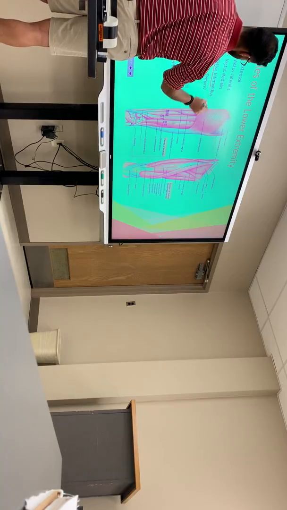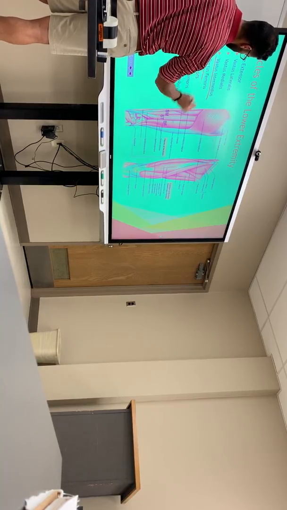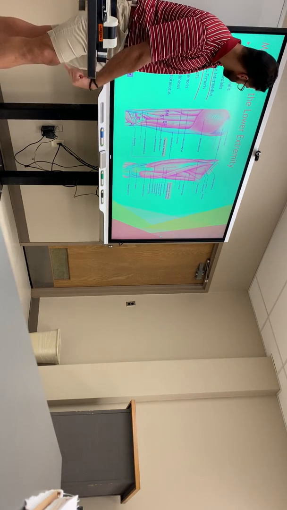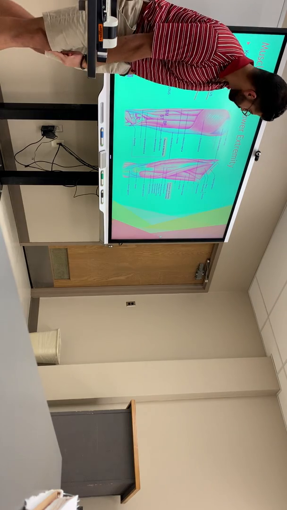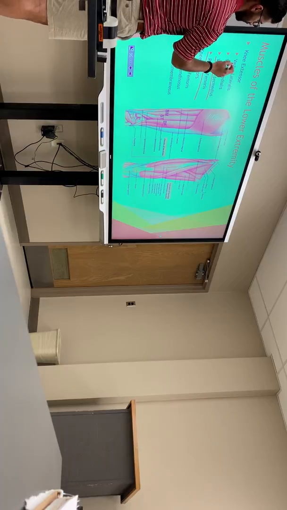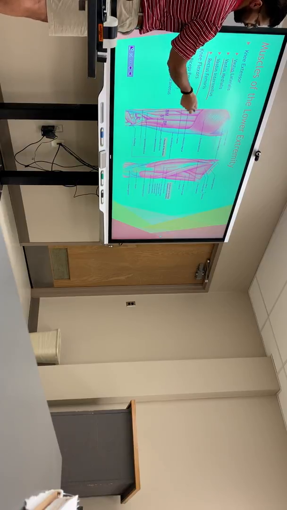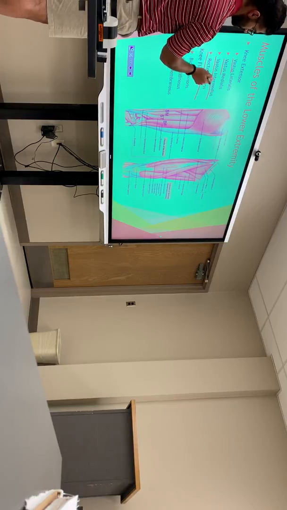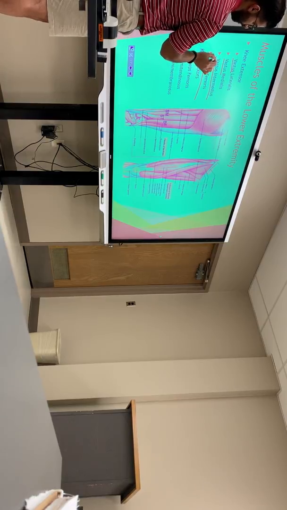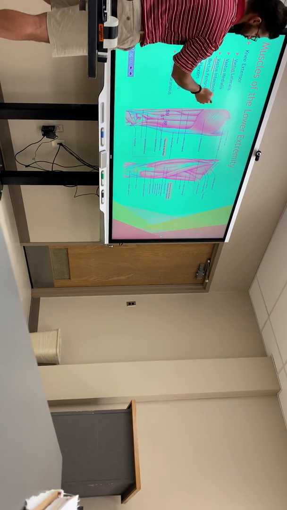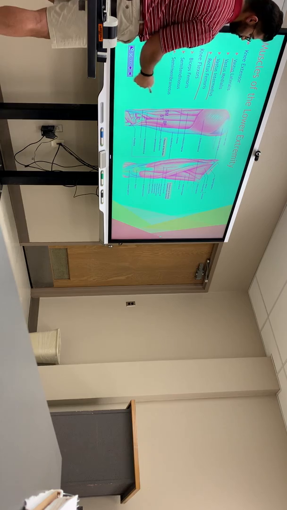Vastus lateralis, you can see on the lateral side, and the teardrop, medialis, is on the medial side. So it's easy to remember: vastus lateralis, the one on the lateral side; vastus medialis, the one on the medial side, or the teardrop. The only vastus left, the one in the middle, intermedius, is the one under rectus femoris.